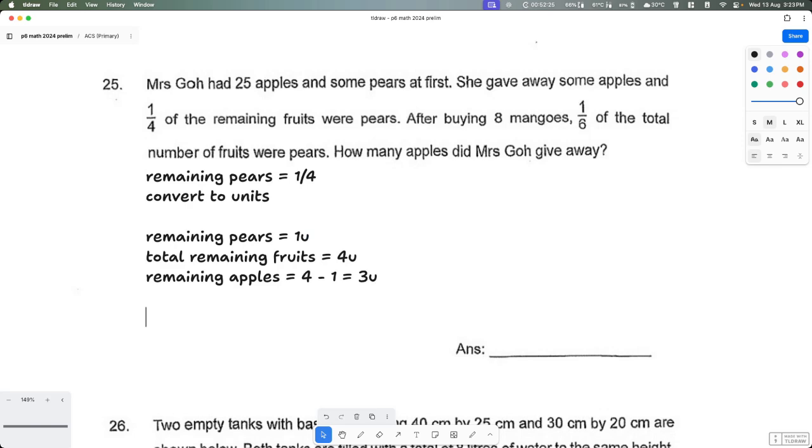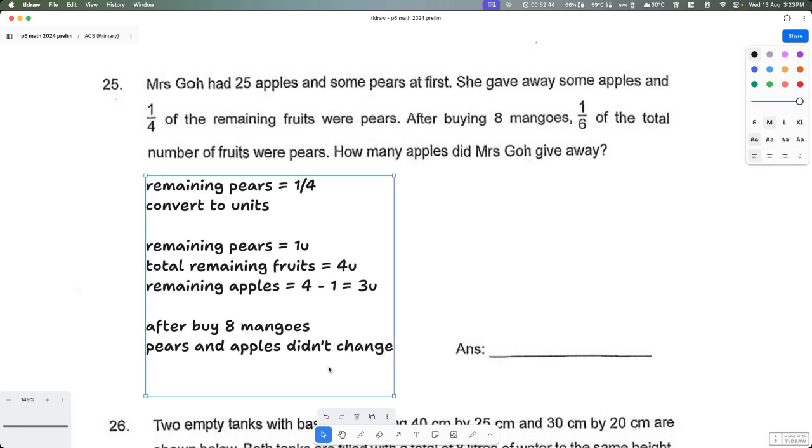But after buying 8 mangoes, did our pears and apples change? No, right? Pears and apples didn't change. So I'm going to draw a line here.